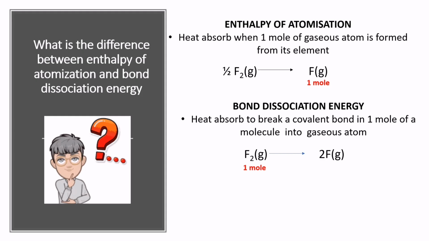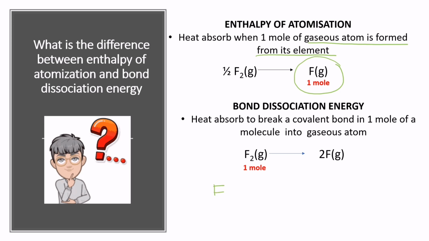The difference between enthalpy of atomization and bond dissociation energy. Enthalpy of atomization means the heat absorbed when 1 mole of gaseous atoms is formed from its element. But bond dissociation energy is the heat absorbed to break the covalent bonds.